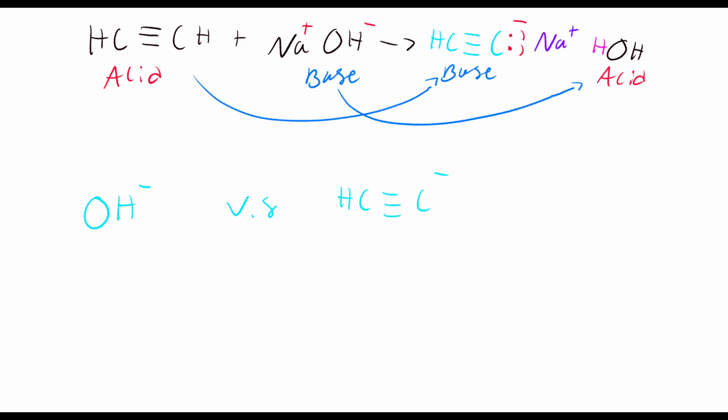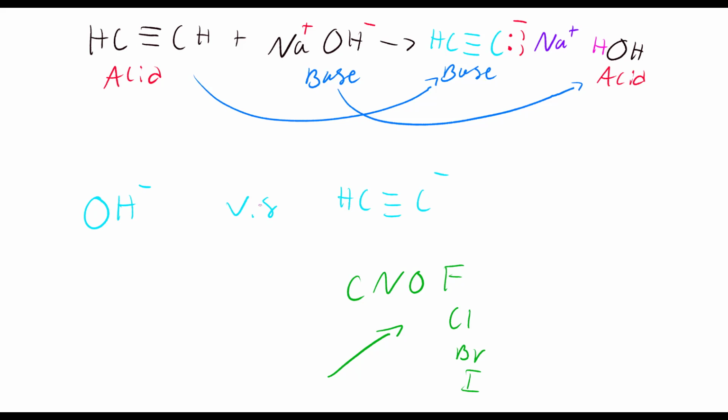And I'd rather have the oxygen compared to the carbon, because remember that for electronegativity, we have N, O, F, we have Cl, Br, and iodine, and we increase our electronegativity going towards fluorine. So that must mean that oxygen is more electronegative than carbon.